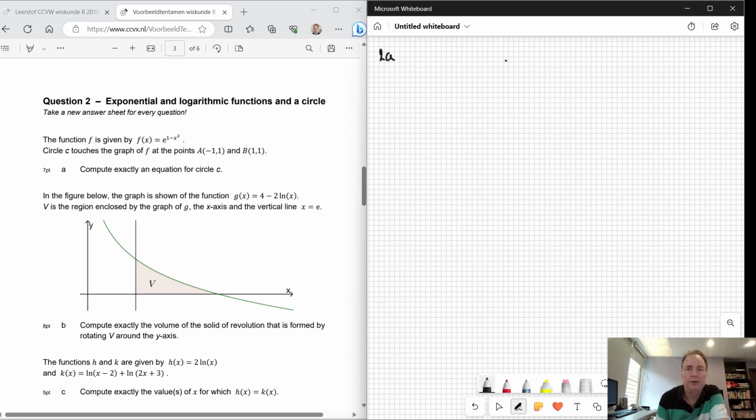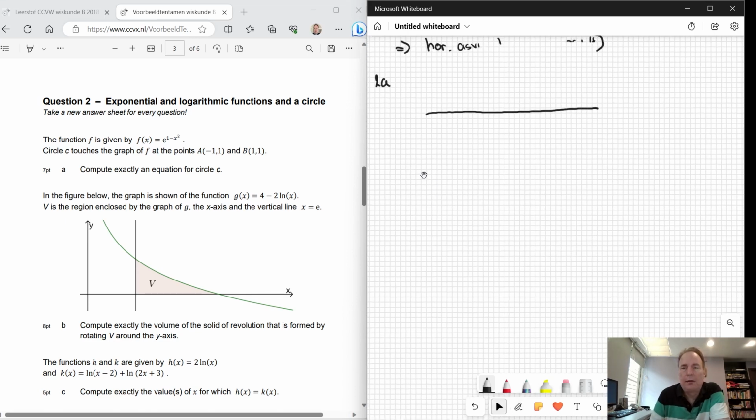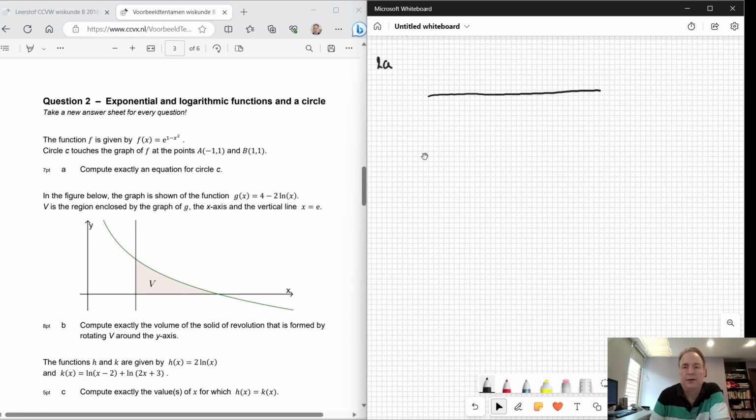Let's try to draw this function. So at x equal to 0, you get e. Let's say this is e. And x equal to 1, you get 1. So this is 1, you're somewhere here. And minus 1, you're somewhere here.